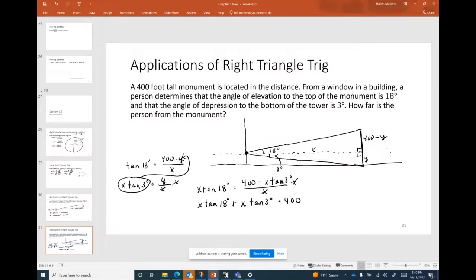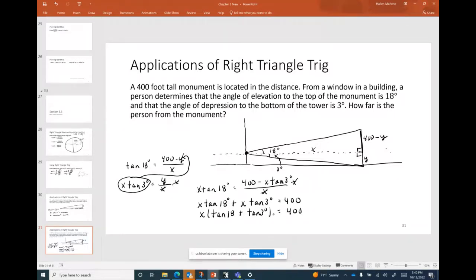Now I can't really combine these without finding the values of the tangent of 18 and the tangent of 3, and I don't want to do that yet because I don't want to do any rounding. I want to keep every decimal until the very end. So I'm going to factor out that x. When I factor it out, I'm left with the tangent of 18 degrees plus the tangent of 3 degrees.